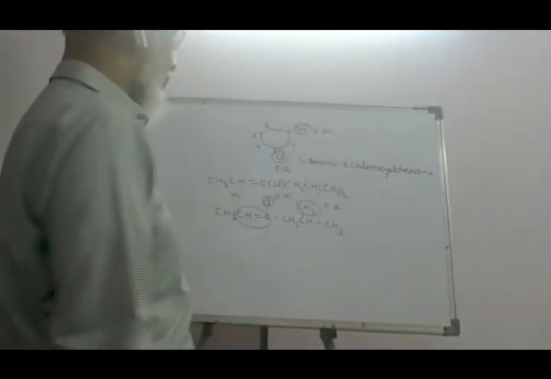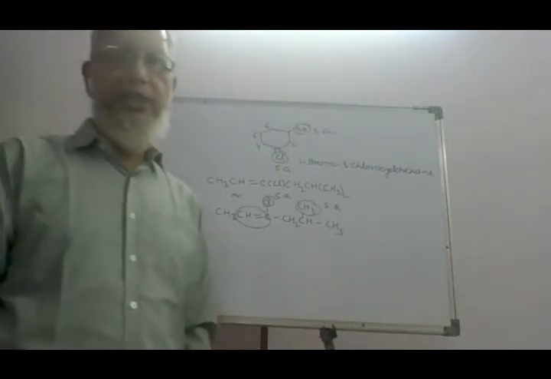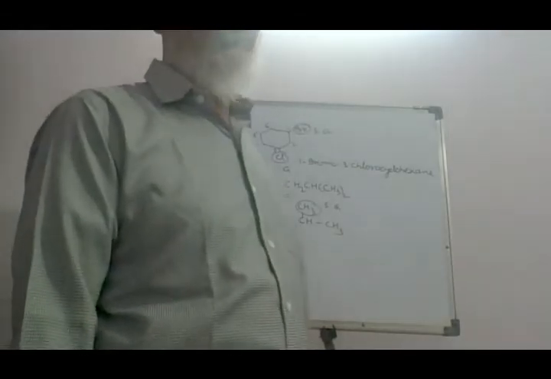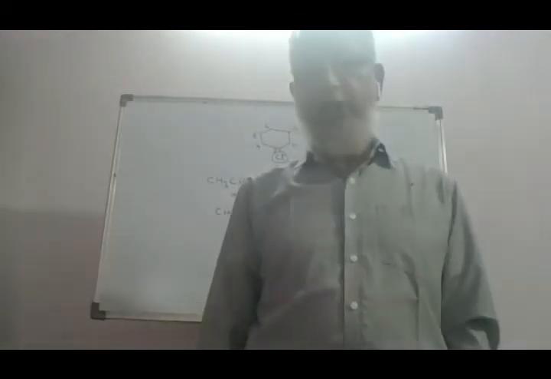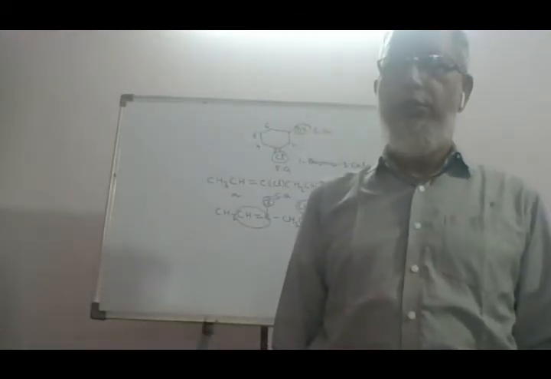Now this contains a carbon-carbon double bond as well as substituent groups, and there are two different kinds of substituent groups, chloro and methyl. So in this case, we should start the numbering from that side so that the carbon-carbon double bond gets priority over the substituent group.